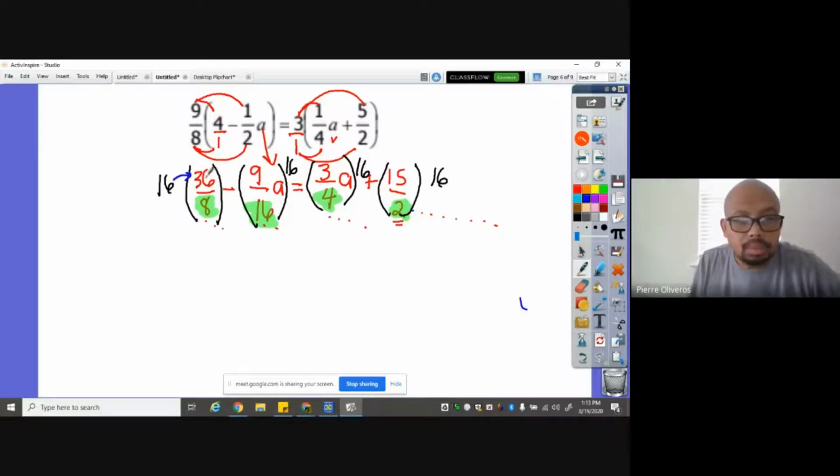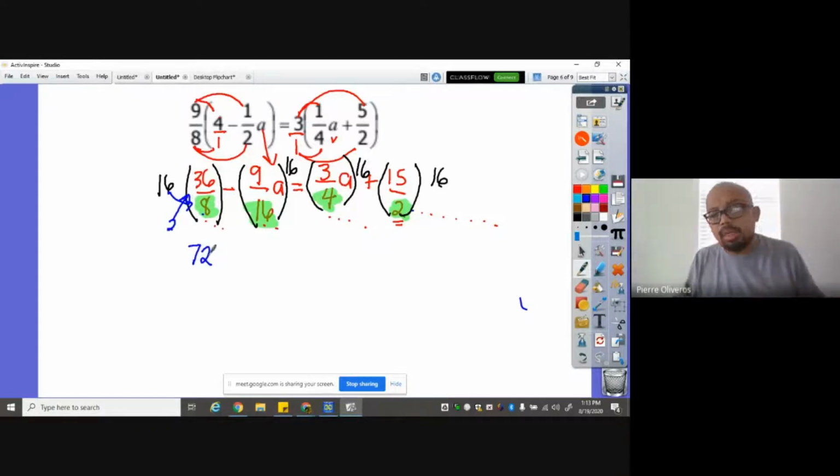That's a humongous number. But can I just do the opposite? Before I multiply 16 and 36, can I divide it first? Yes, you may. 16 divided by 8 will give you a 2. Then you multiply by 36, that will give you 72. If you don't believe me, you can multiply 16 by 36, which will be 576, and you divide it by 8, the answer is still 72.